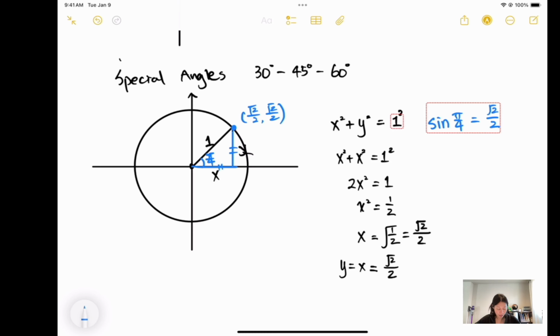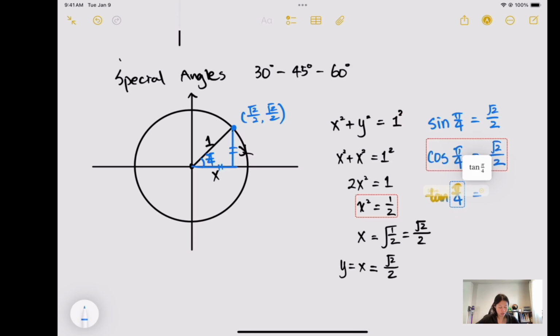And if we know sine and cosine, then we will know tangent, because tangent is equal to y over x or sine over cosine, of pi over 4. So in this case, it's equal to 1 because they're equal. So that's how you get the answer for the special angle.